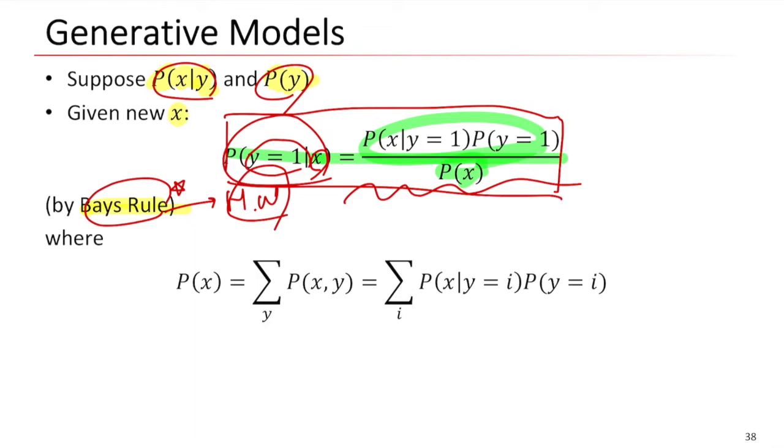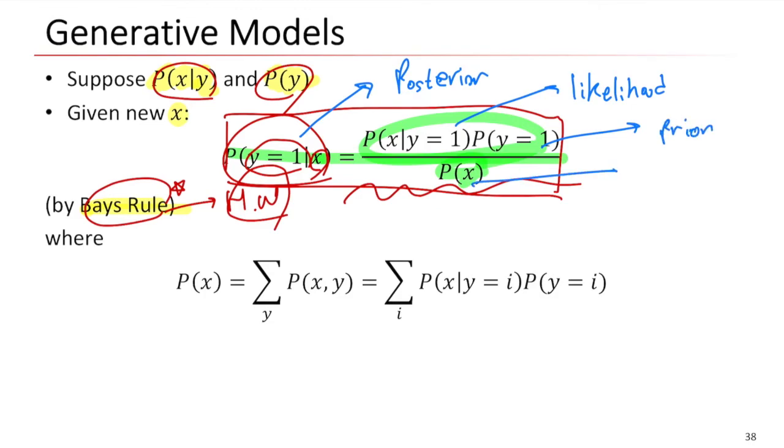So from this, we can say that this is the posterior, this is the likelihood, this is the prior, and this is the evidence. Okay, we can say it looks like this.